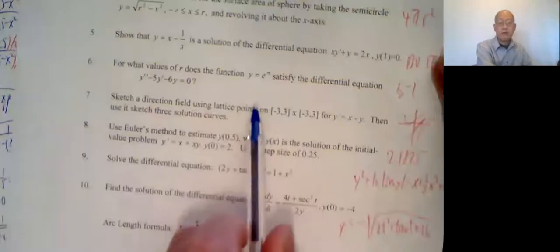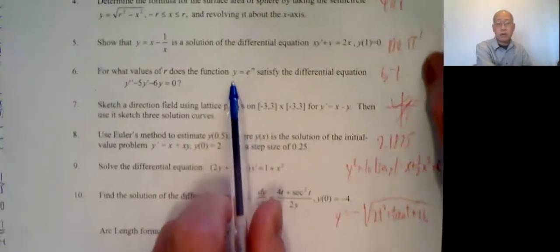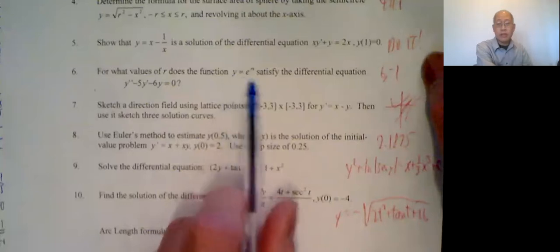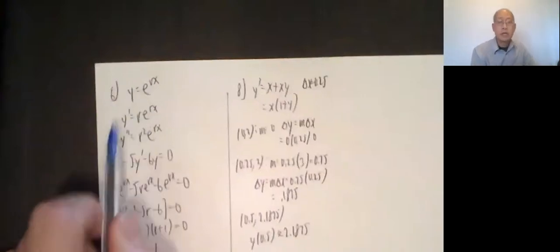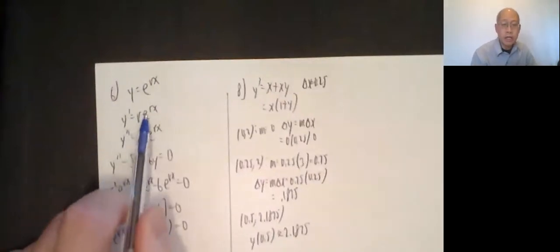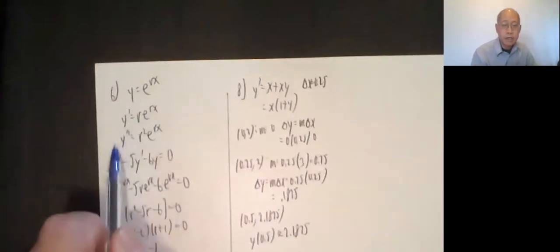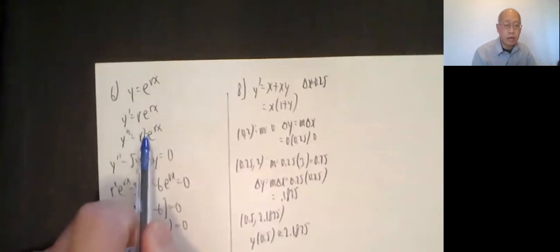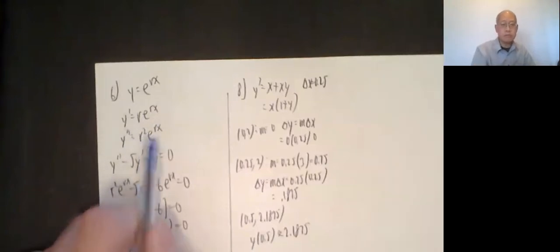Number 6, find the values of r so that y equals e to the rx satisfies this differential equation. Right, so y equals e to the rx. y prime is r e to the rx. y double prime is r squared e to the rx. Remember, r is considered a constant.